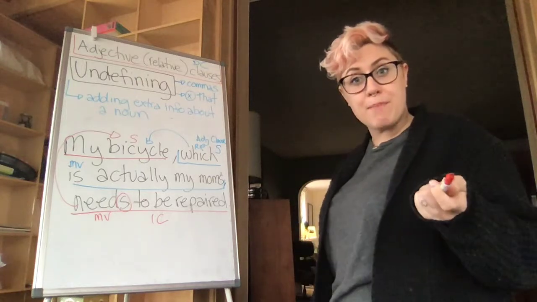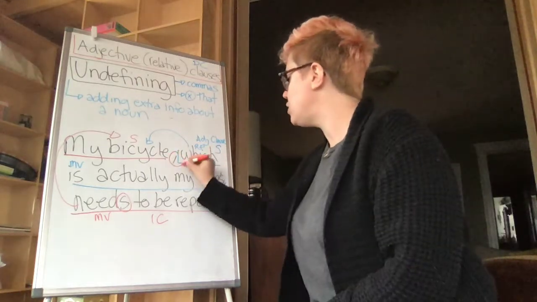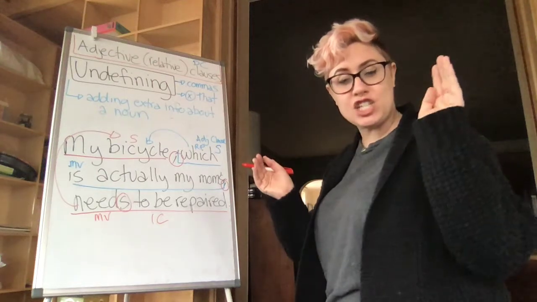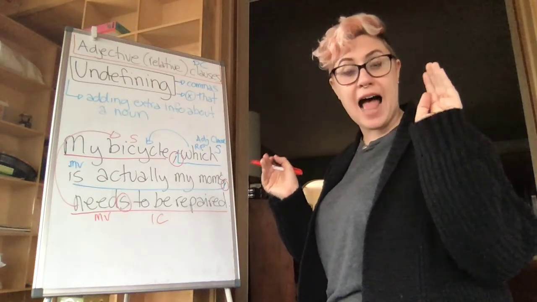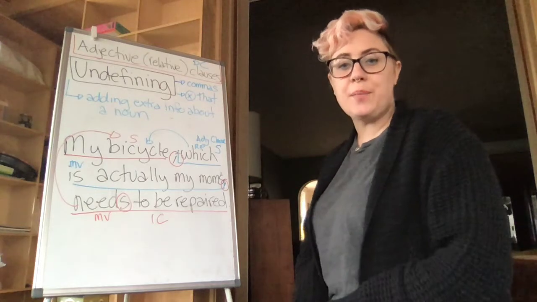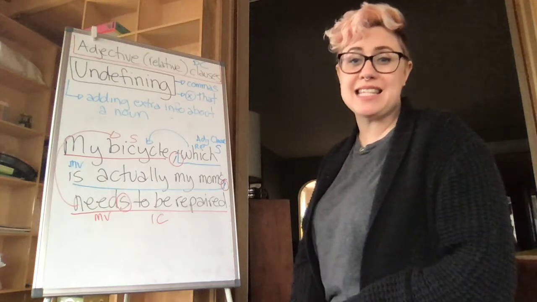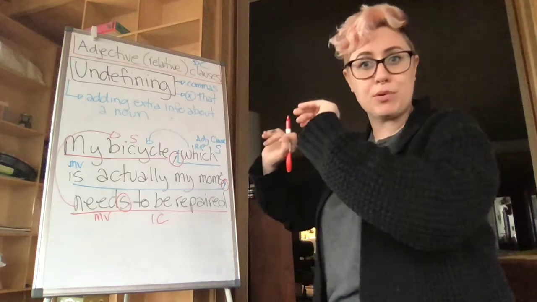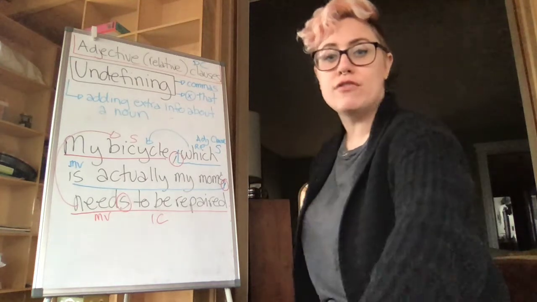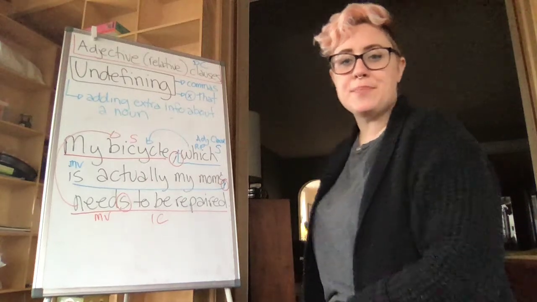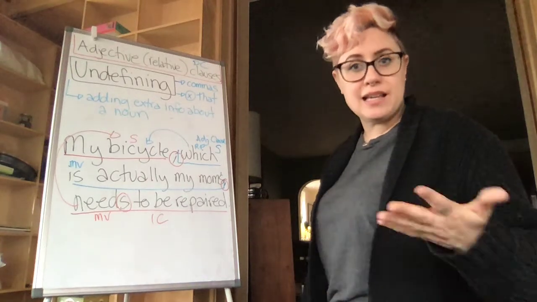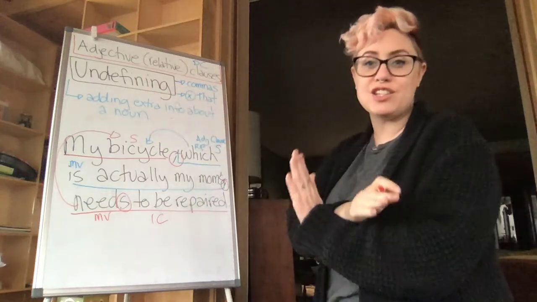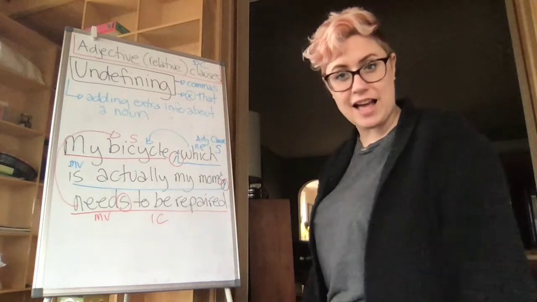One more thing about non-defining relative clauses is you will notice that there is a comma on each side of the adjective clause. And I love this. I think it's easier for students to understand because the comma separates the independent clause from the dependent clause. Now, the rule is you can use commas in non-defining, but you can't use commas in defining adjective clauses.